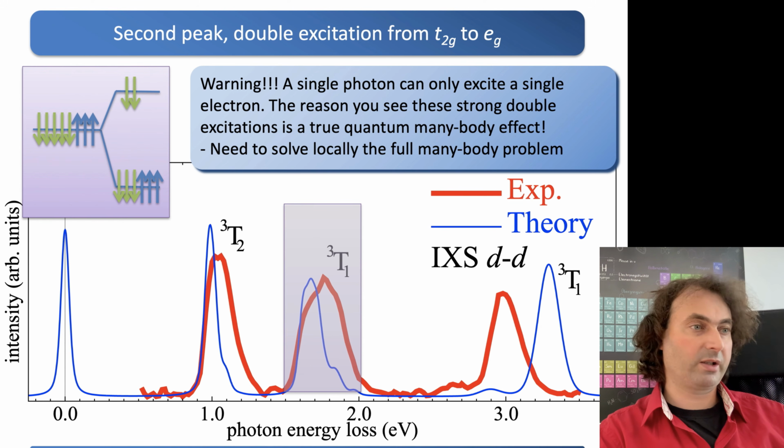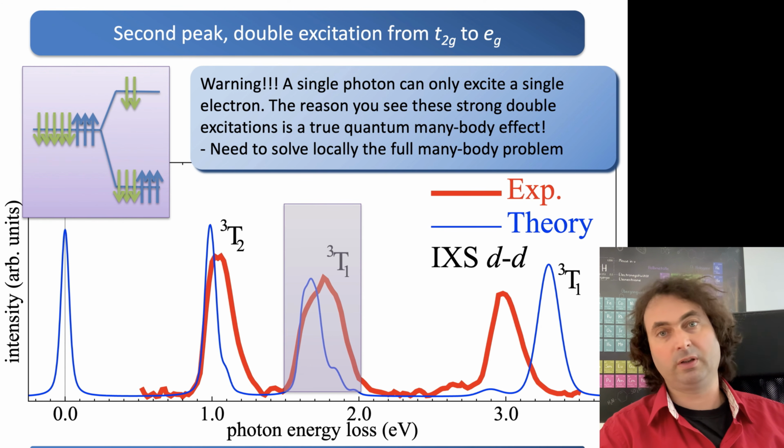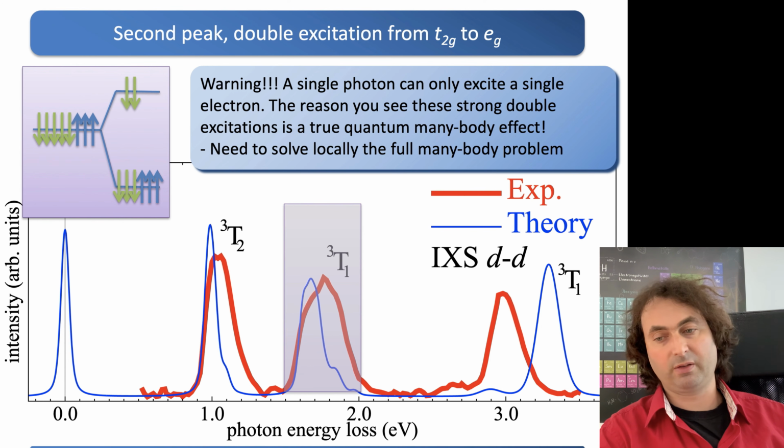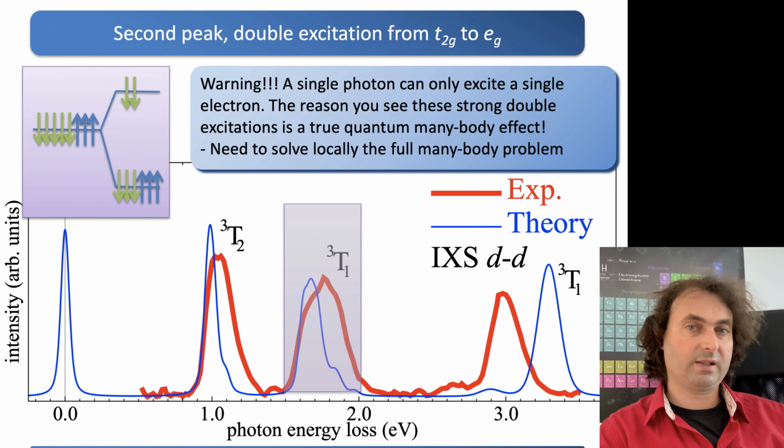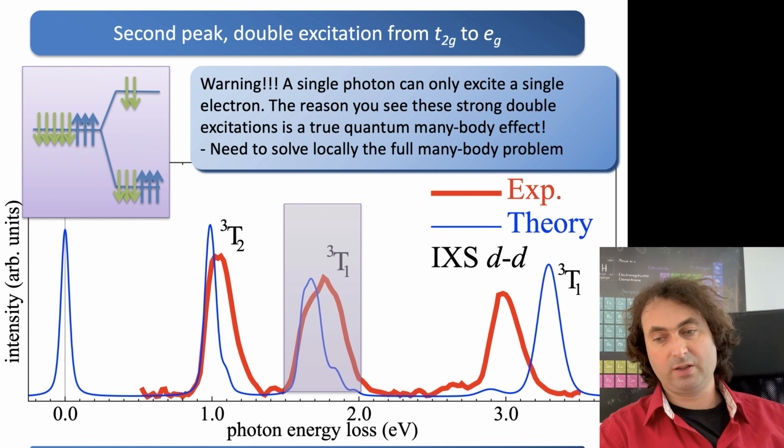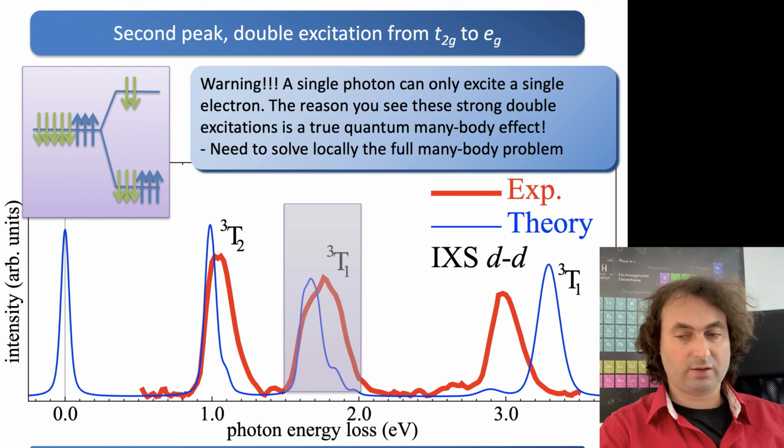Spin flips you would measure in an ESR spectrum or in an inelastic neutron scattering, whereas the D-excitations you can measure with inelastic X-ray scattering and nicely see what your energy states are in your system.